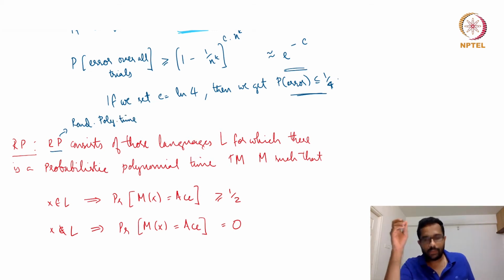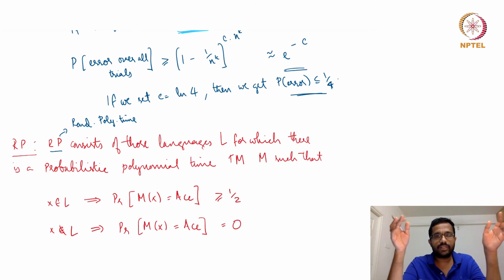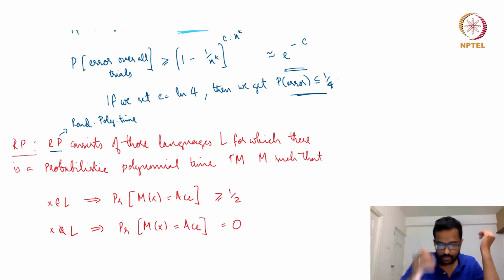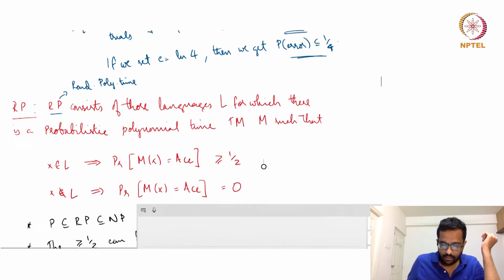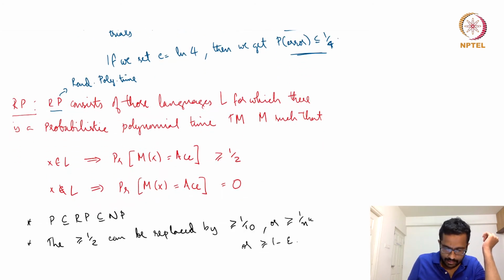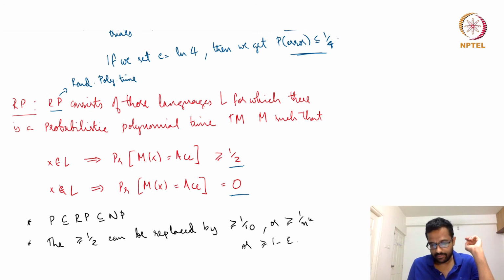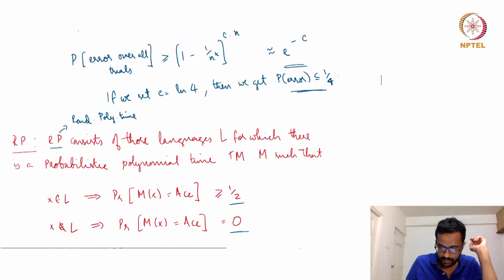It consists of those languages for which there is a probabilistic Turing machine, a Turing machine that can make random choices, which runs in polynomial time such that whenever x is in the language, it accepts with a probability of at least half, and whenever x is not in the language, it accepts with a probability 0, which means it virtually never accepts.